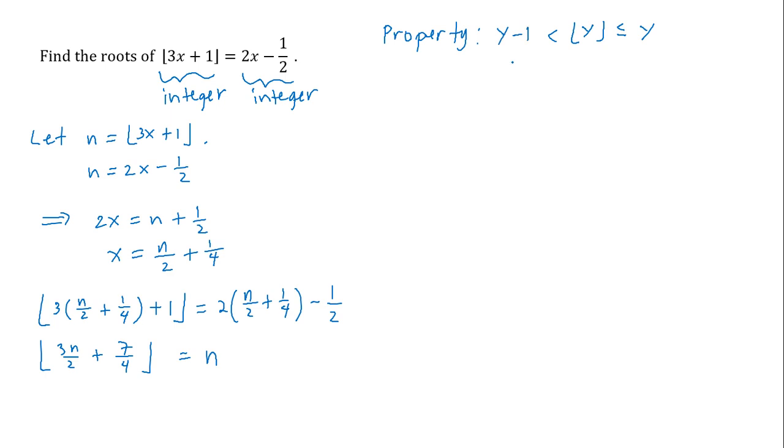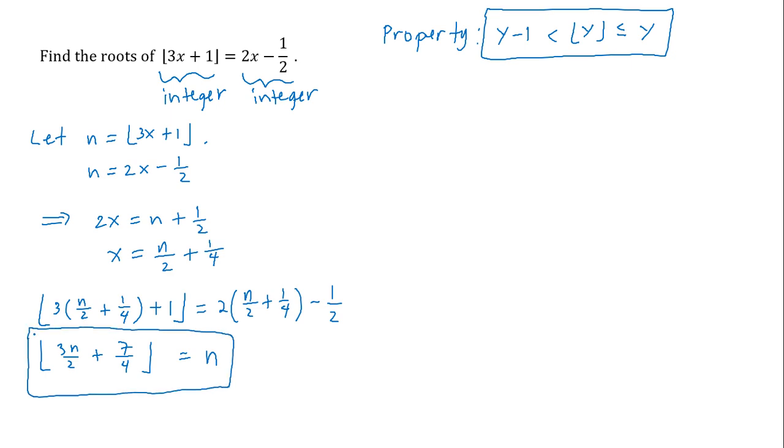Okay, so with this property, we can have the floor of 3n over 2 plus 7 over 4 less than or equal to 3n over 2 plus 7 over 4, but greater than 3n over 2 plus 7 over 4 minus 1.